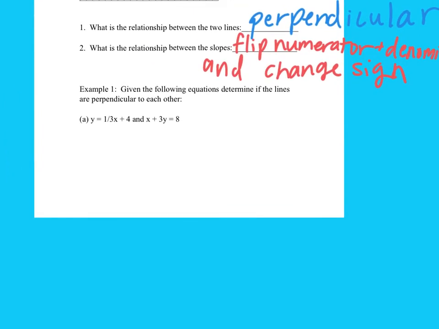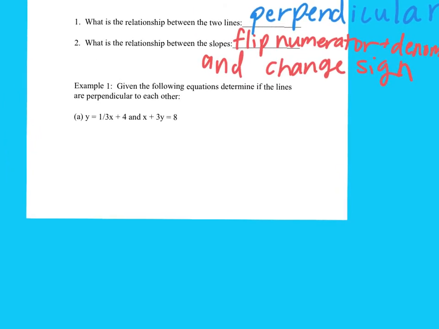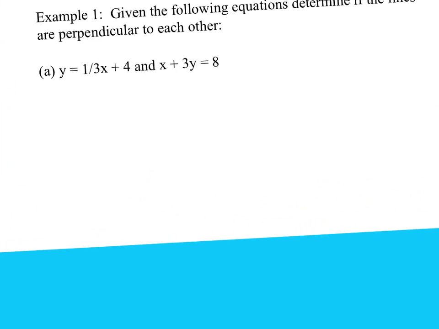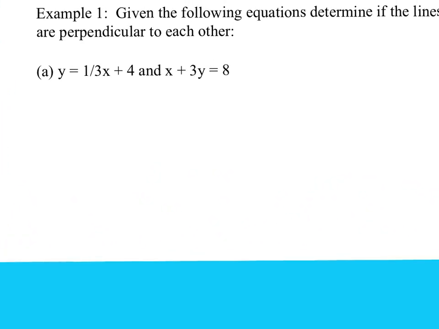Number 1 here. Given the following equations, determine if the lines are perpendicular to each other. Same kind of thing as what we did with the parallel lines, except now we're looking to see if they're perpendicular. The first one, can I tell what the slope is just by looking at that line? Yeah, it's 1/3. What about the next one?